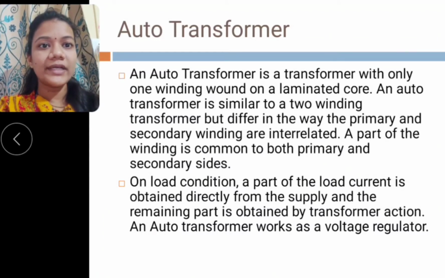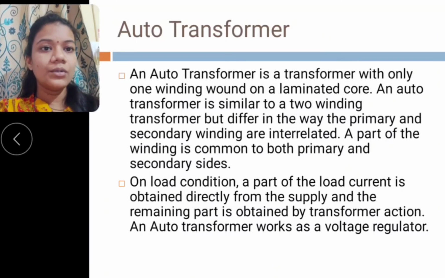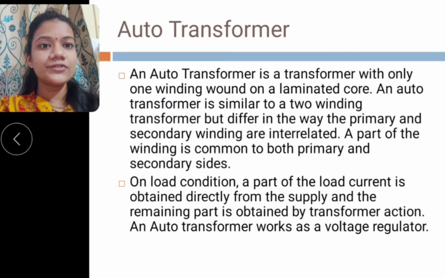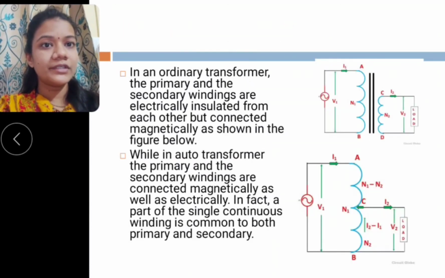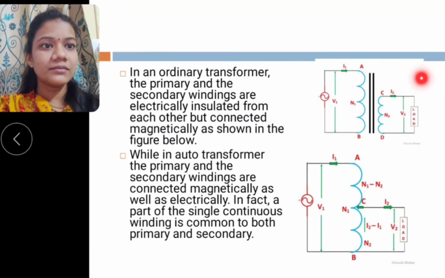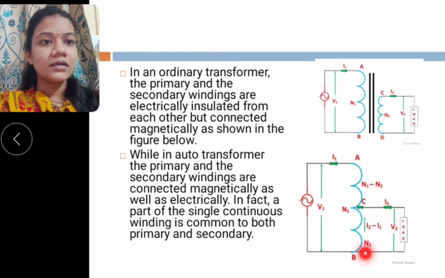A part of the winding is common to both primary and secondary side. On load condition, a part of the load current is obtained directly from the supply and the remaining part is obtained by transformer action. So an auto transformer works as a voltage regulator. So this is nothing but the auto transformer. It is our normal transformer, it is an auto transformer.